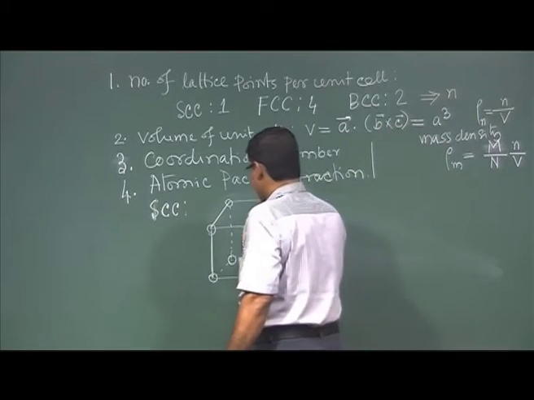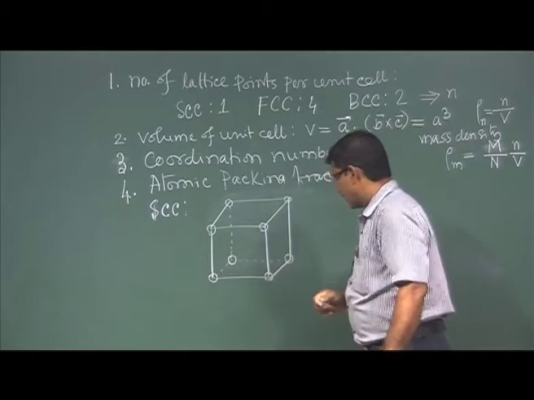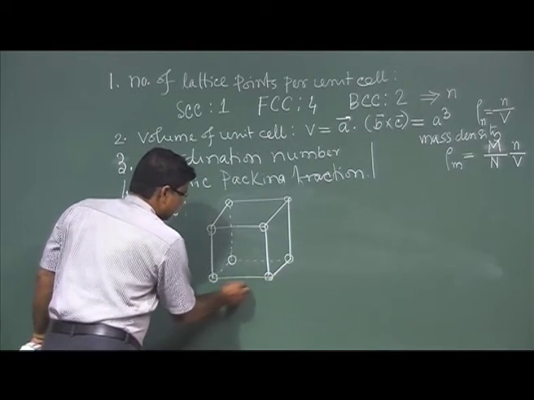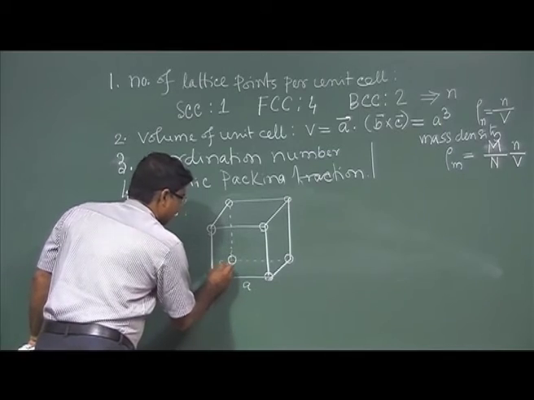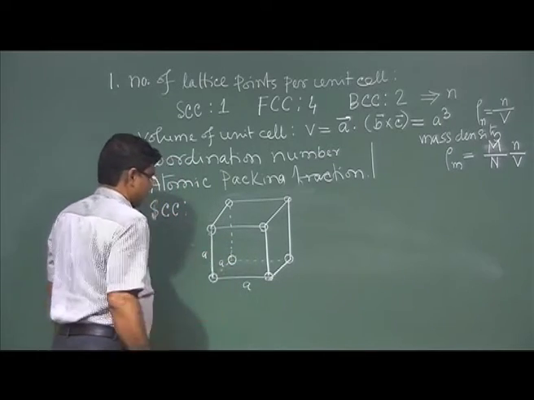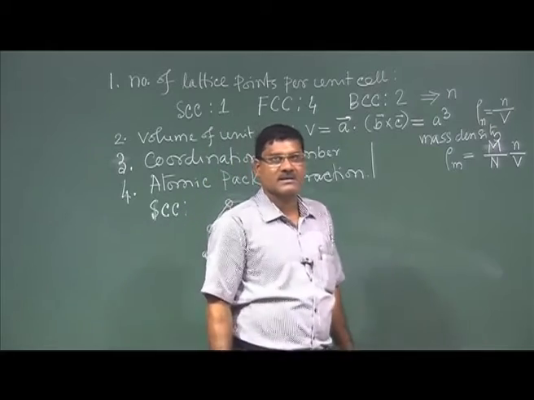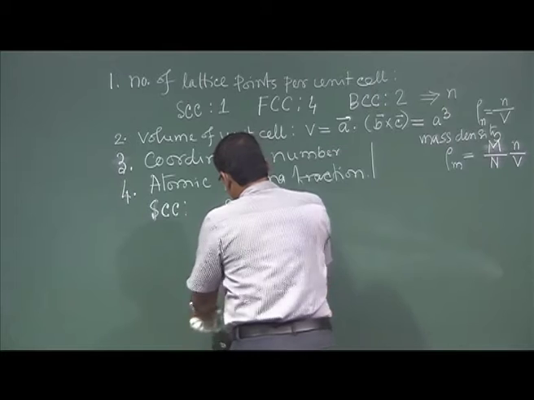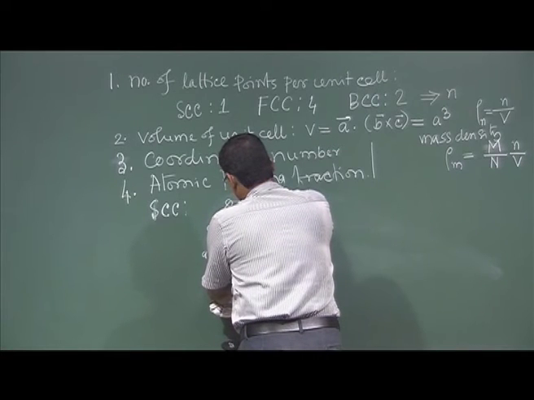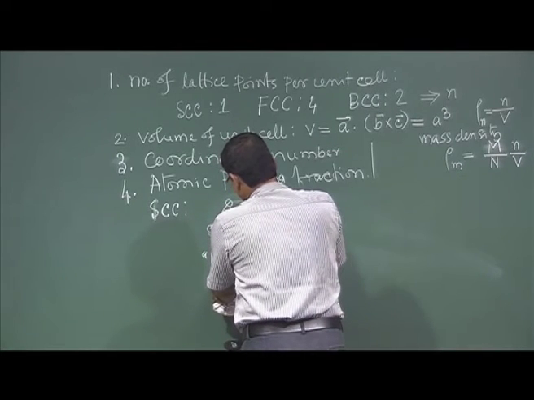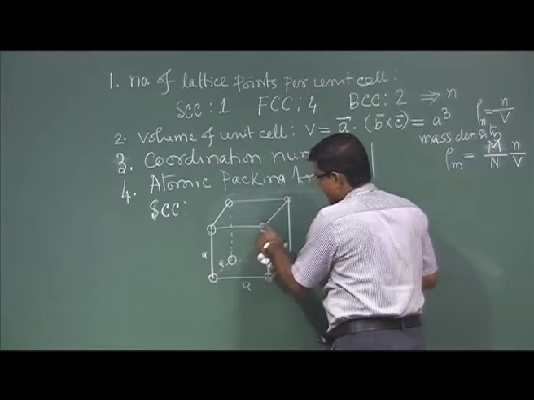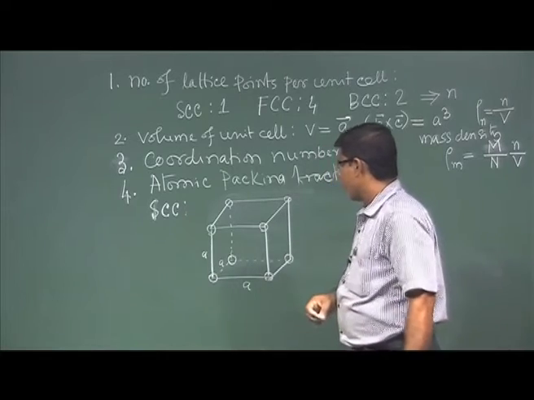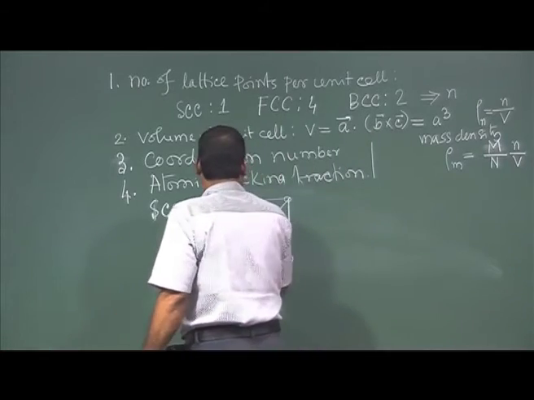So in case of simple cubic, the distance between two atoms is a, that is the smallest distance. What will be the distance between these two atoms along the face diagonal?